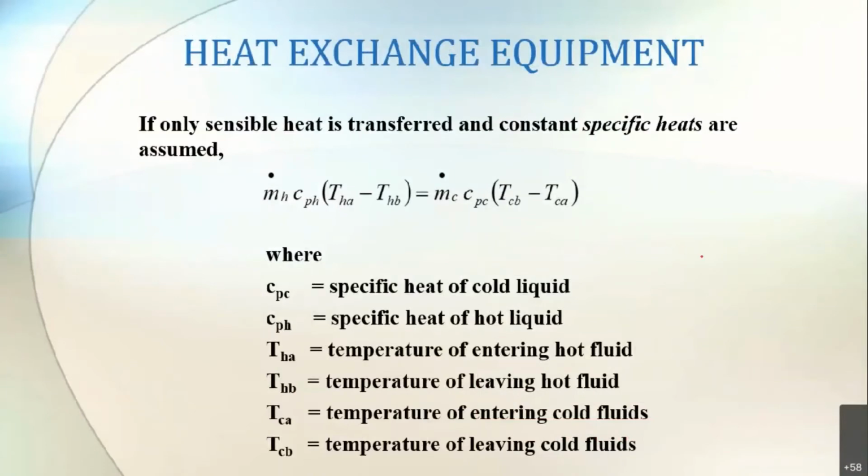If you look here, your THA is a big value, THB is a small value, TCB is a big value, and TCA is a small value. So you'll get a positive value for your QC and a negative value for your QH. CPC is the specific heat for the cold liquid, CPH is the specific heat for the hot liquid, and THA, THB, TCA, and TCB are the temperatures of the hot or cold liquid entering and leaving.